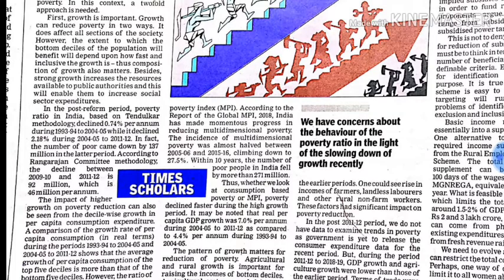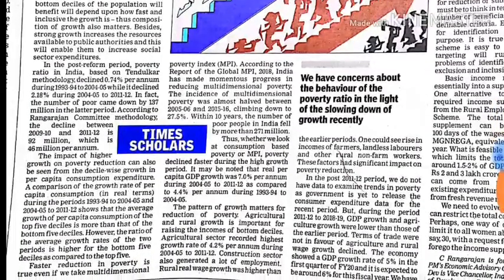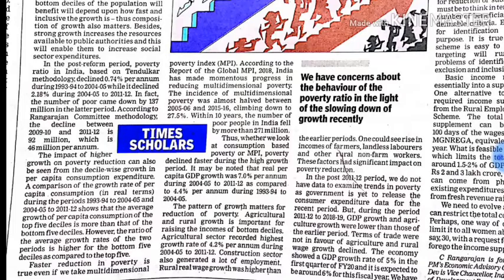A comparison of the growth rate of per capita consumption in real terms during the periods 1993-94 to 2004-05 and 2004-05 to 2011-12 shows that the average growth of per capita consumption of the top 5 deciles is more than that of the bottom 5 deciles.